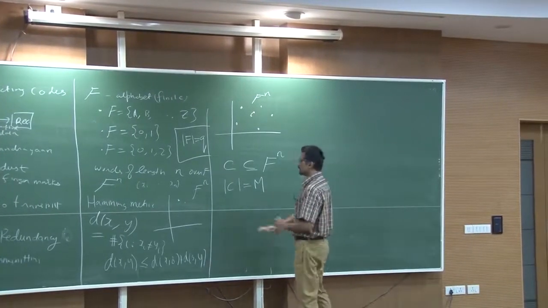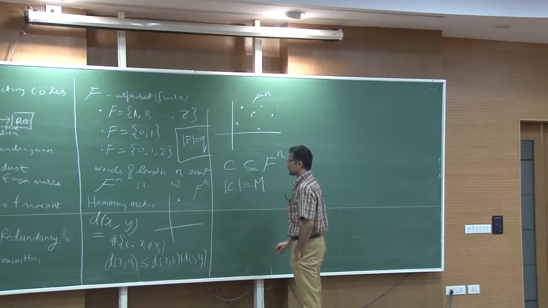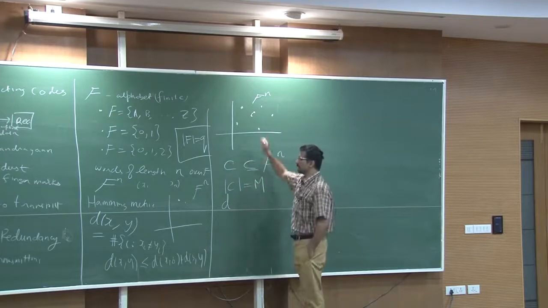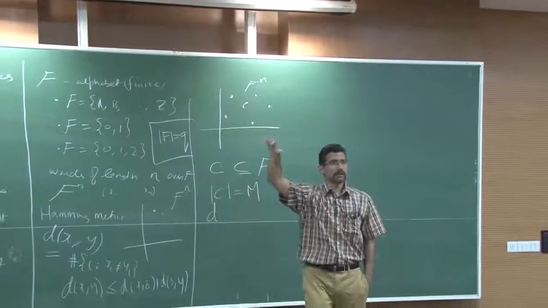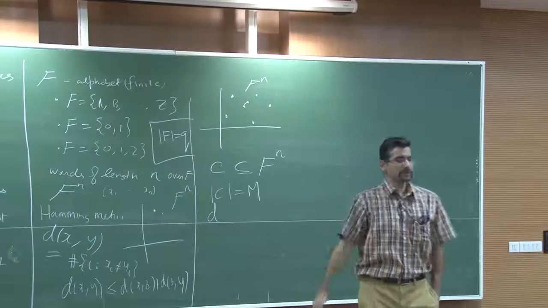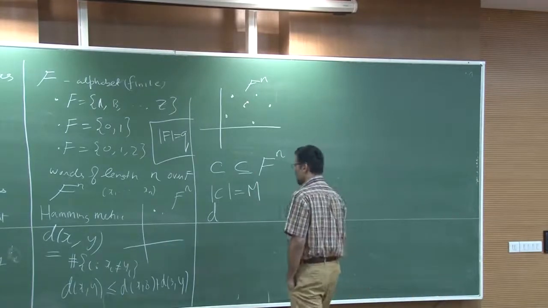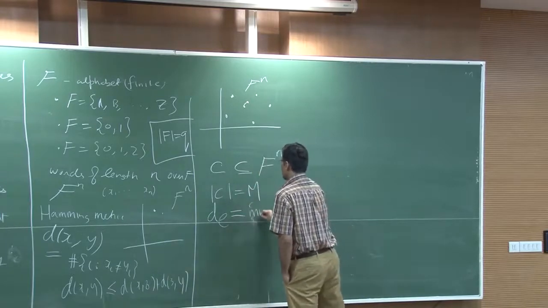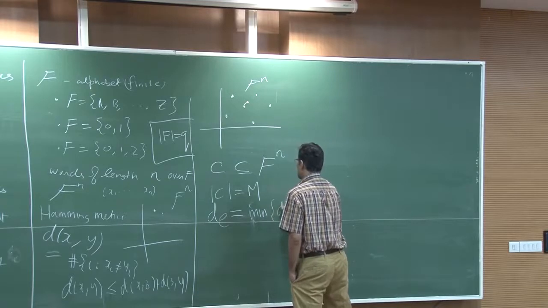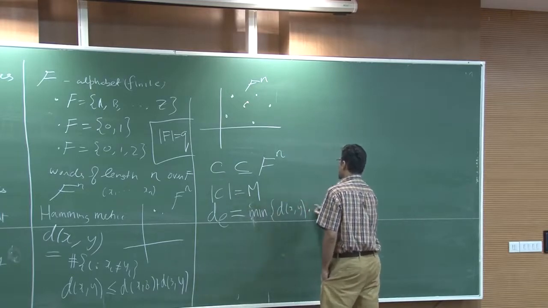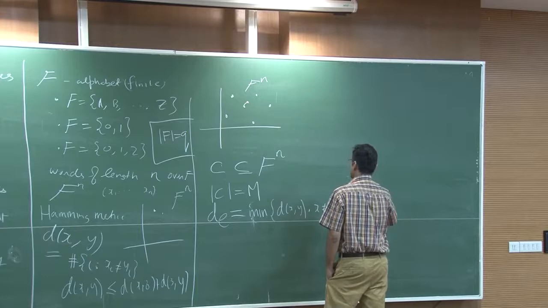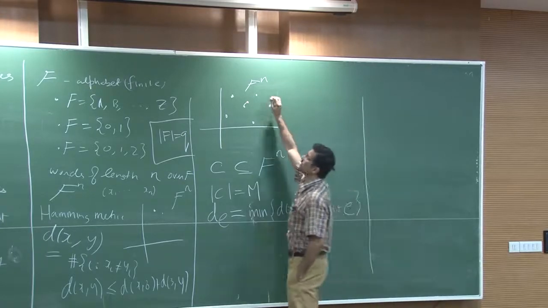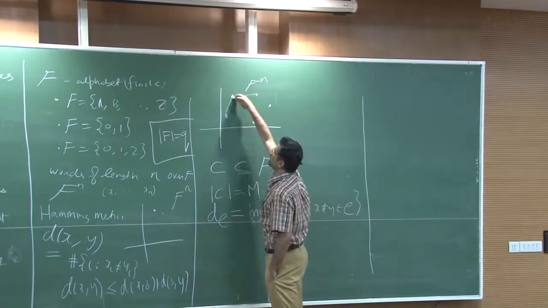So here is the idea, I will tell you what is happening. Let us define, for this subset C, so if you have a metric space and a subset, it becomes a metric space in its own right, or without talking in technical terms, let me just define d(C) equal to the minimum of d(x, y), where x not equal to y in C. In pictures, just draw these pairwise chords.